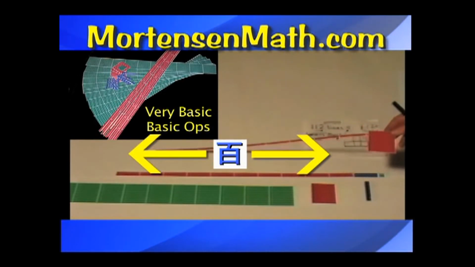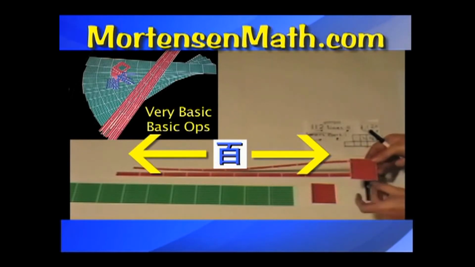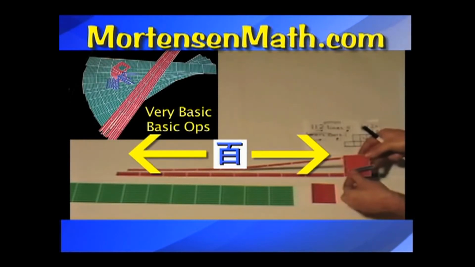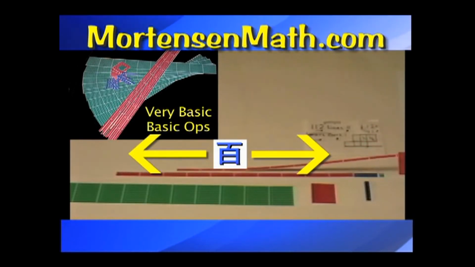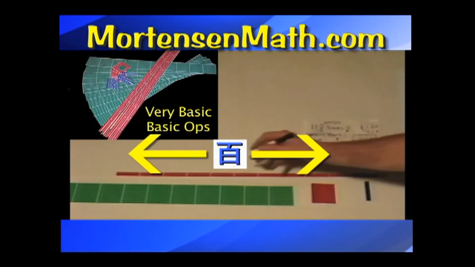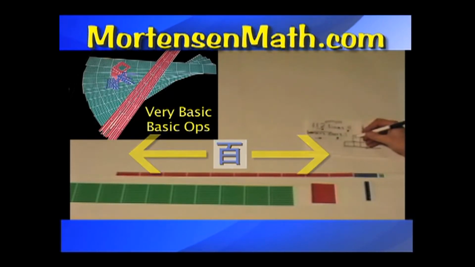They are all made up of 10 bars. I have 1 long bar of 100 twice, or 2.